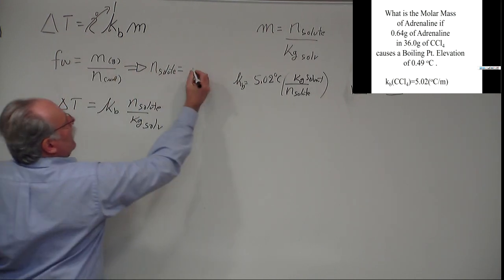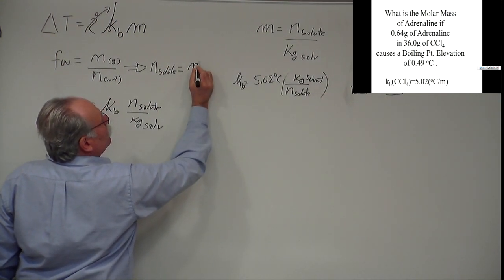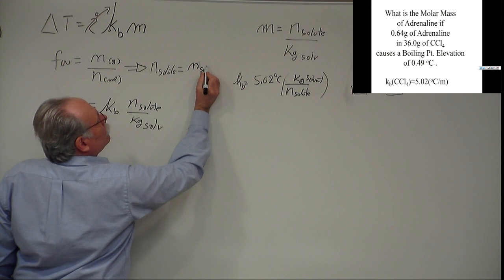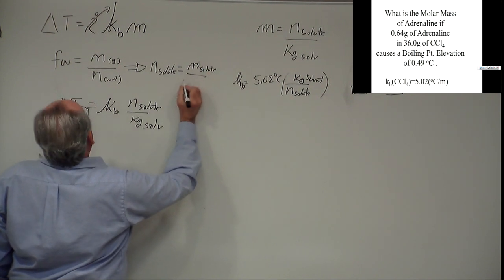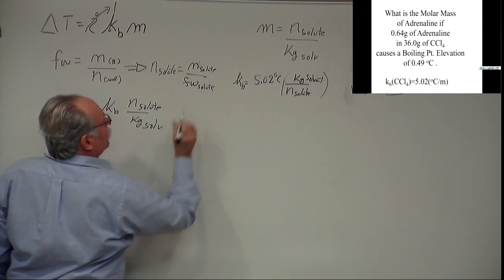equals the mass of the solute. Whoops, I keep writing that as an m because that's where I normally write it. Solute per the formula weight of the solute, okay?